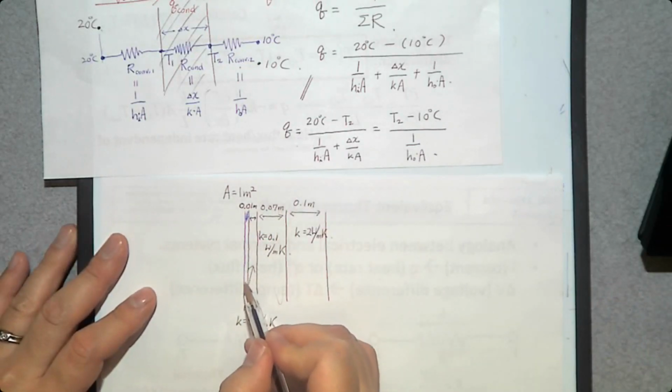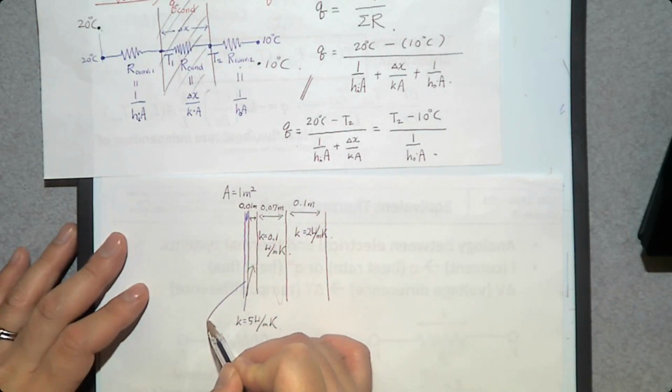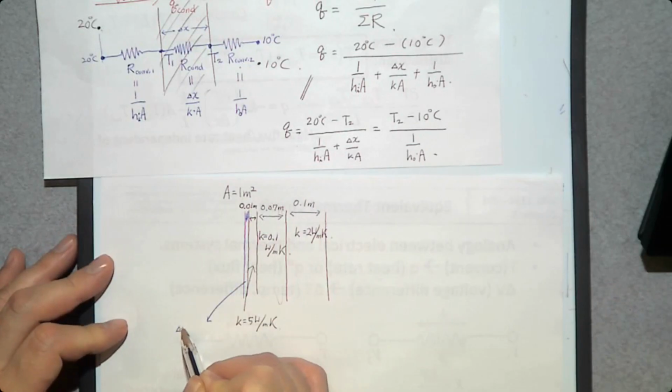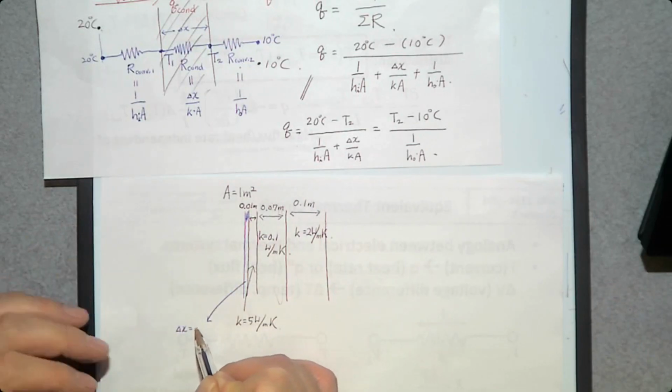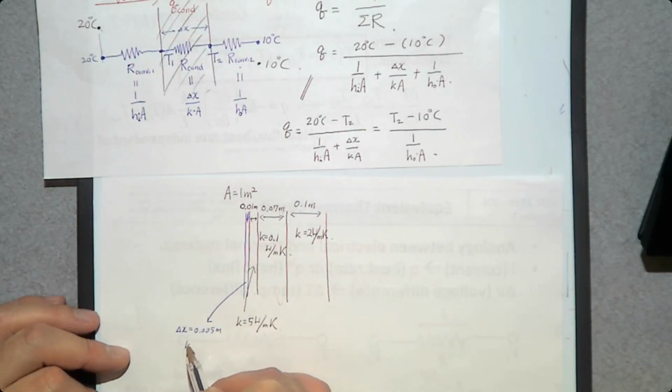So this blue paint, whose thickness, delta X, is going to be very thin, 0.005 meter, whose thermal conductivity, K, is going to be maybe 10 watt per meter Kelvin.